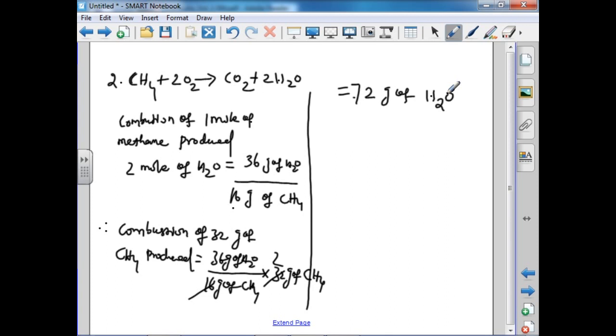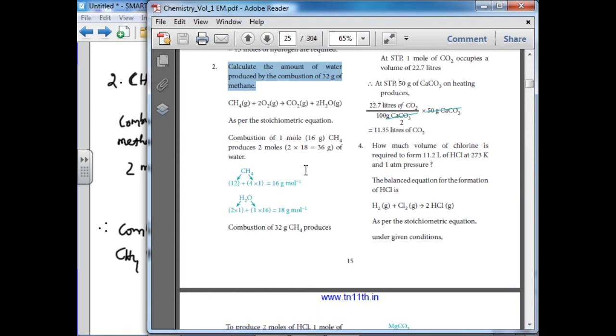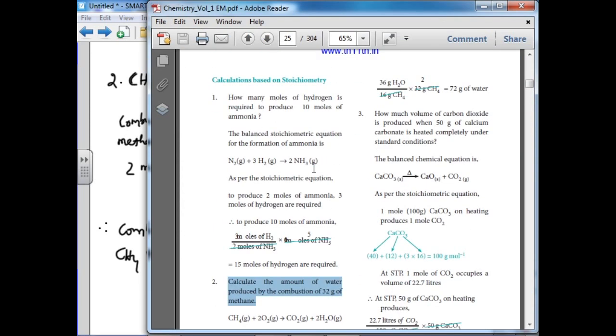So the next question, how much volume of carbon dioxide is produced when 50 gram of calcium carbonate is heated completely under the standard condition.